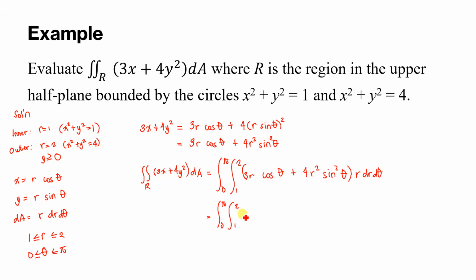So you have 3r squared cosine theta plus 4r cubed sine squared theta dr d theta. Okay.